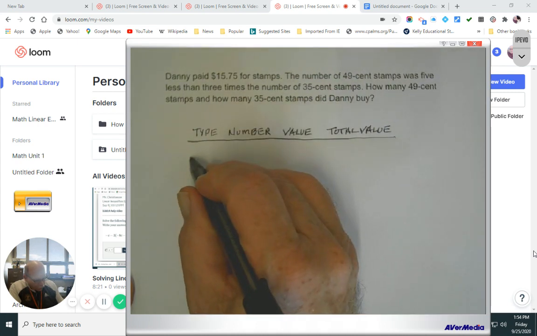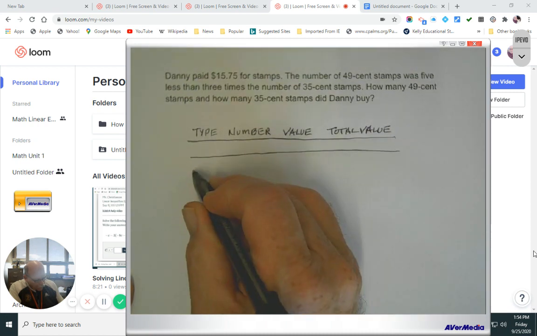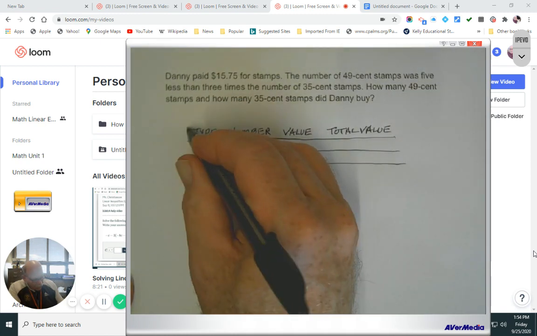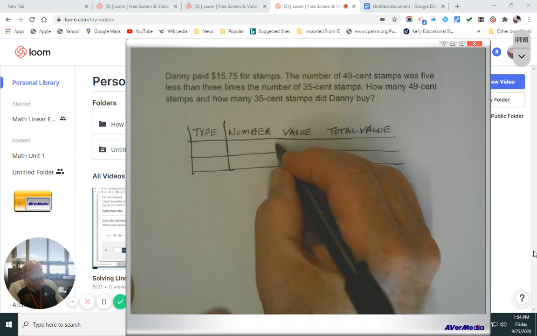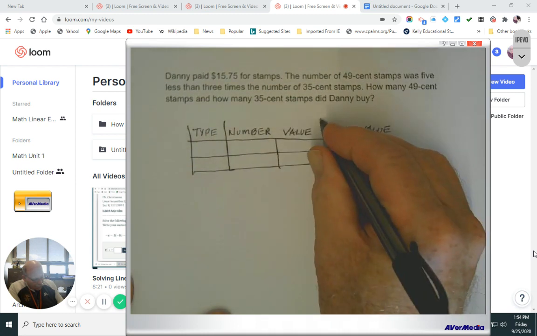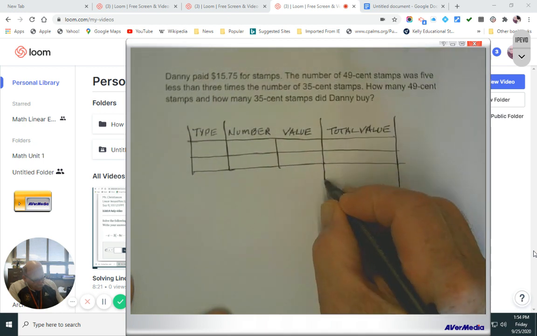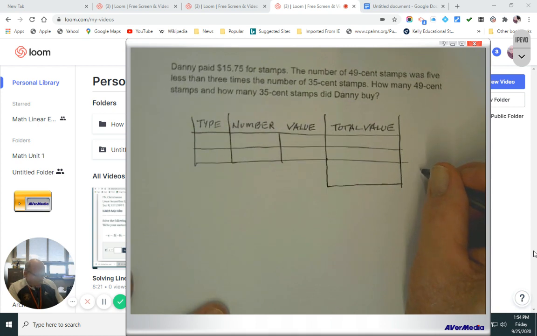So we're going to have 2 rows with 4 columns. I'm going to leave that open up there for a reason. And then this box down here is the total dollar value.